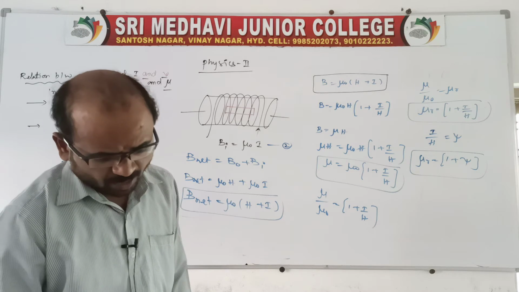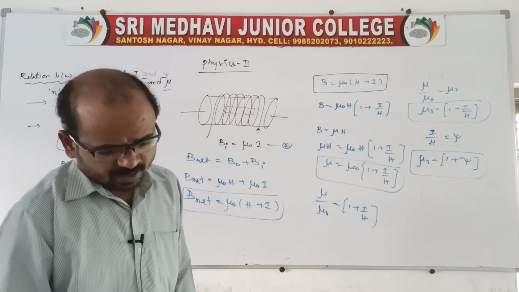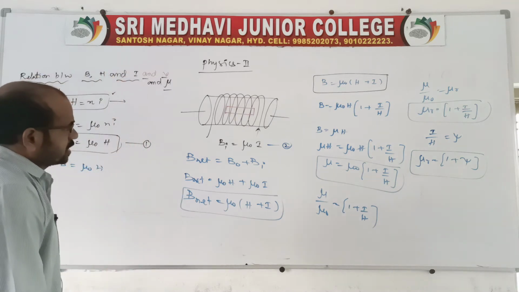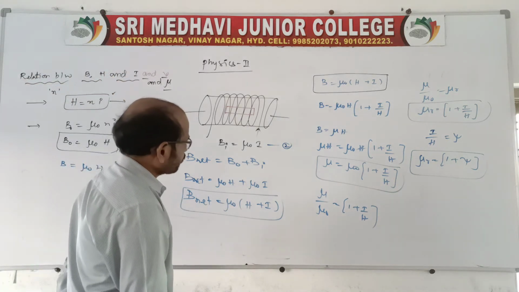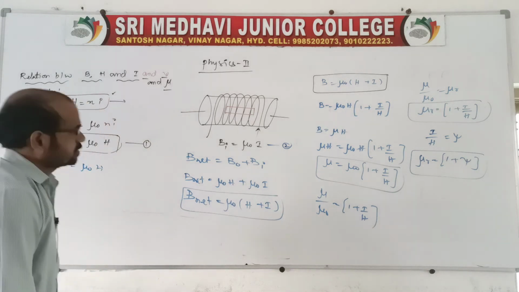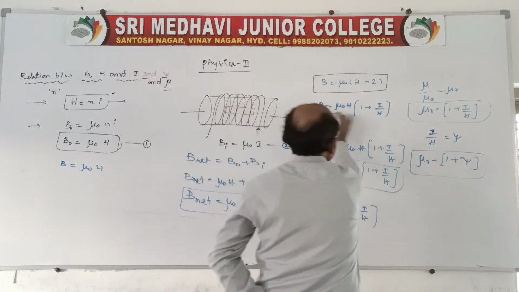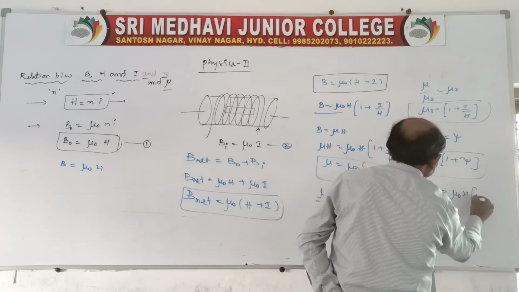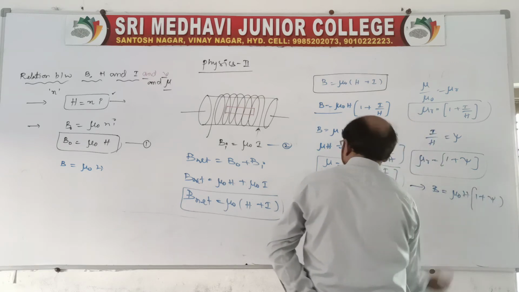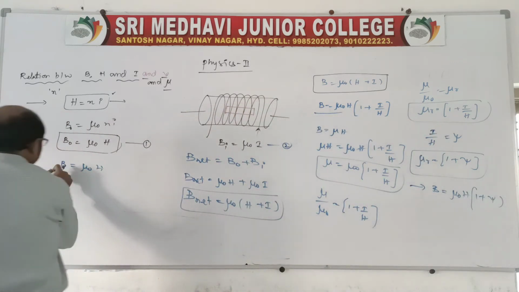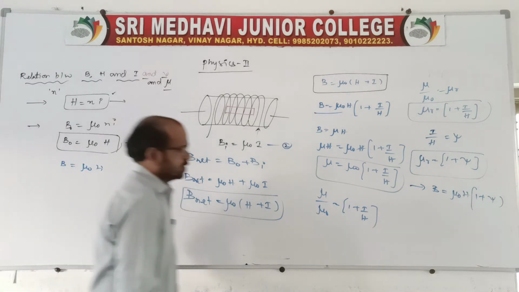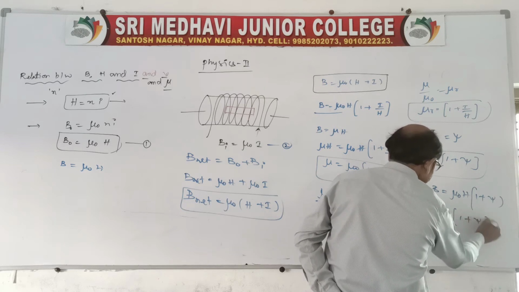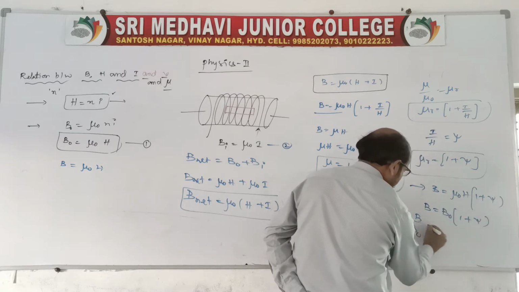And also we know another relation from here: B is equal to mu naught into capital H into 1 plus Xi. So mu naught into H is nothing but B naught, so B is equal to B naught into 1 plus Xi. Therefore B by B naught is equal to 1 plus Xi.